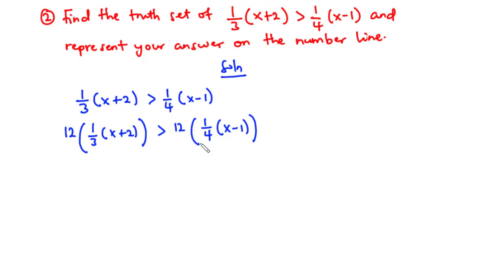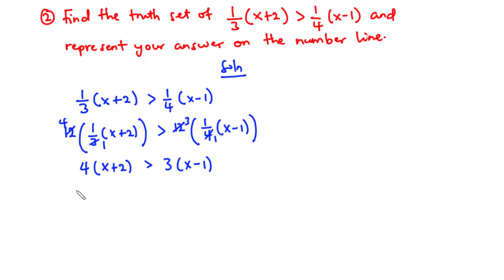By this, we can cancel out. 3 goes into 12 four times, so we have 4 times x plus 2 is greater than 4 goes into 12 three times, and here we have 3 times x minus 1.